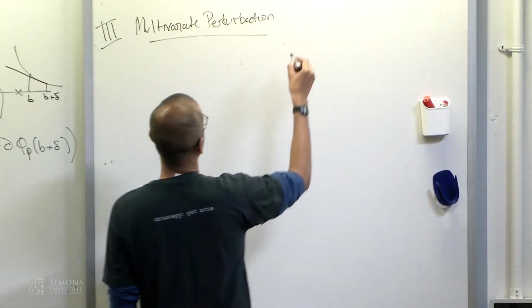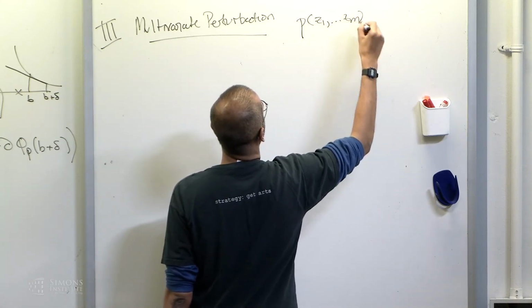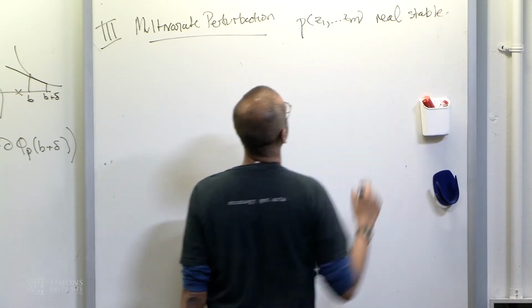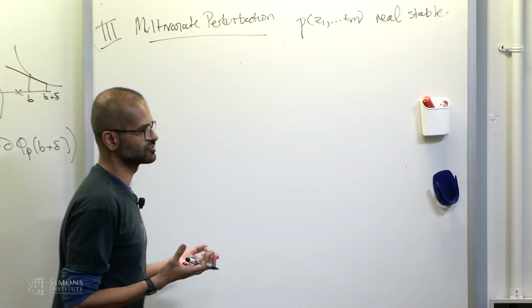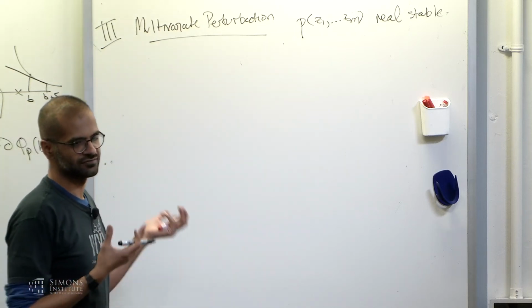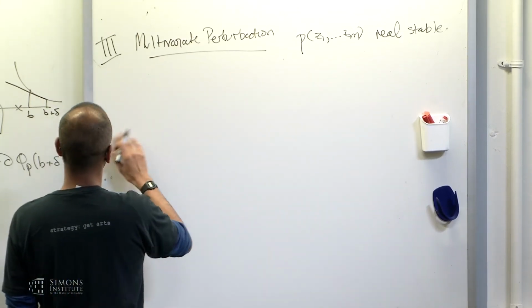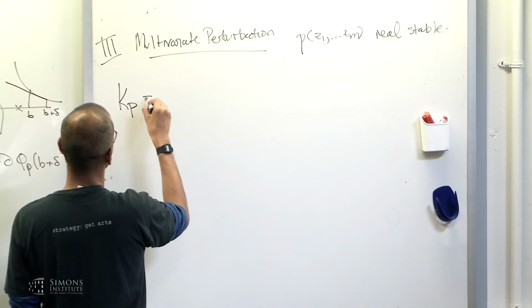In the multivariate case, I have a real stable polynomial. And I don't have roots, right? I have some variety of zeros. I have some zeros that are not discrete. So what I'm going to be interested in as an upper bound on the root is the following set.